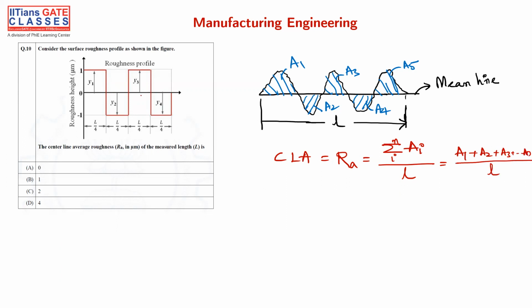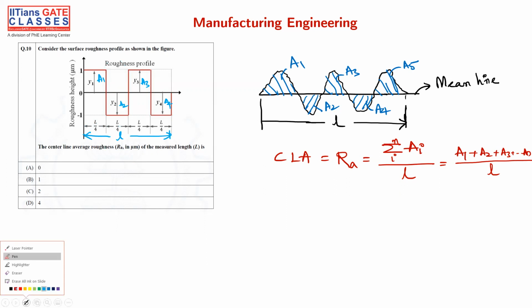Right? In this question, we have 4 areas: A1, A2, A3, and A4. Let's calculate the areas and divide by the total length, and the total length is L.